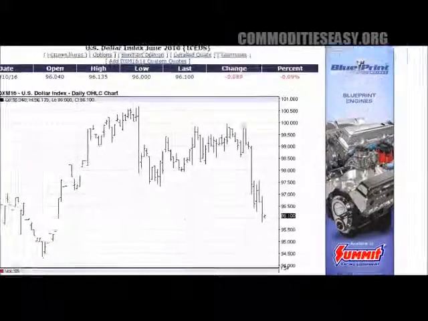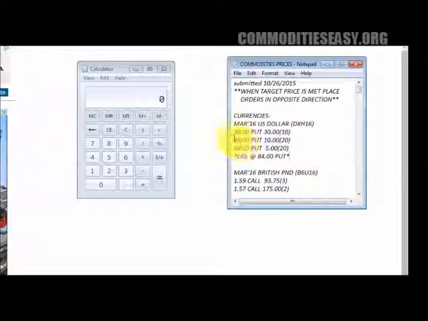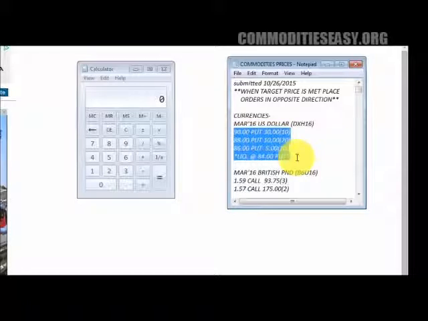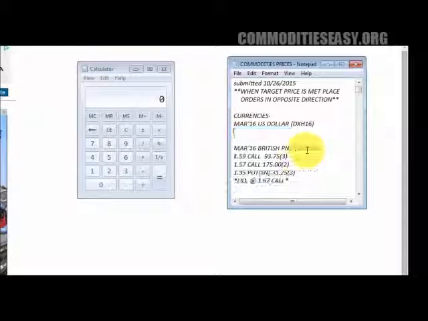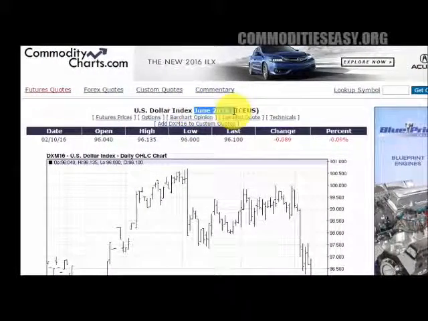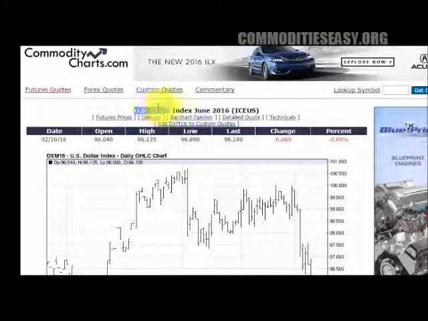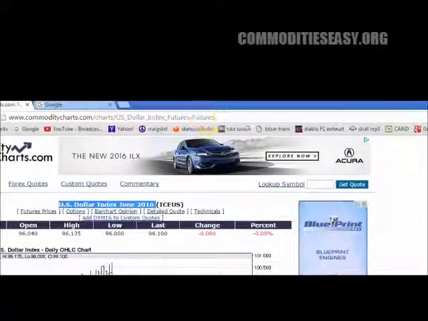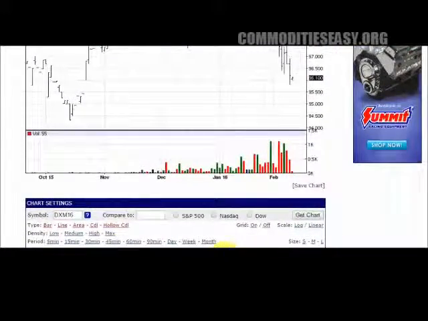Okay, so we're going to clear these out right here, and we're going to go for June 2016 US dollar. So US dollar, June 2016, and this is the ID number up here, so you don't get confused.